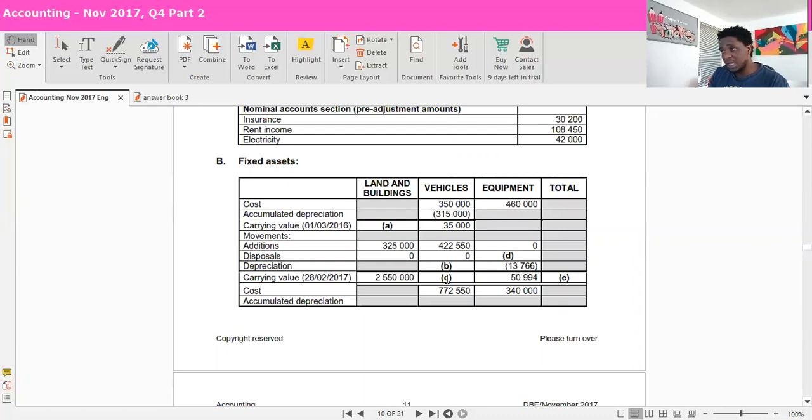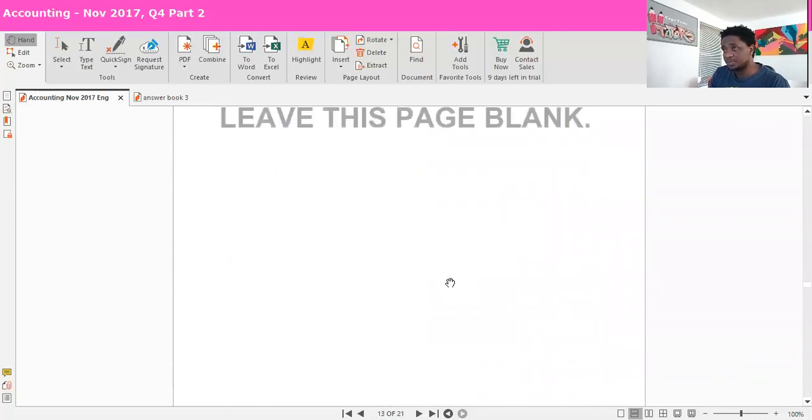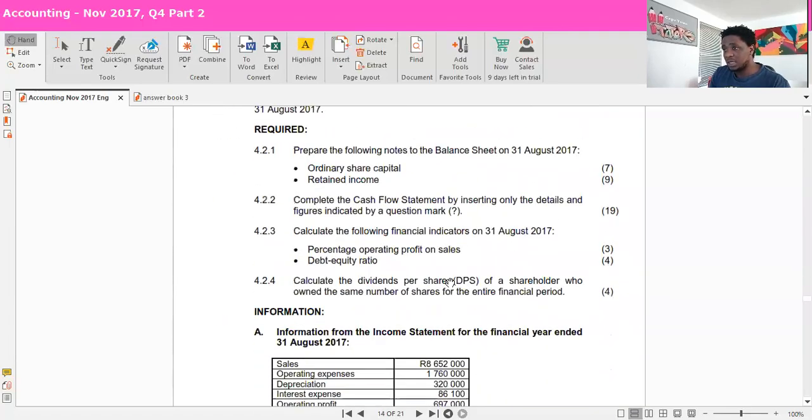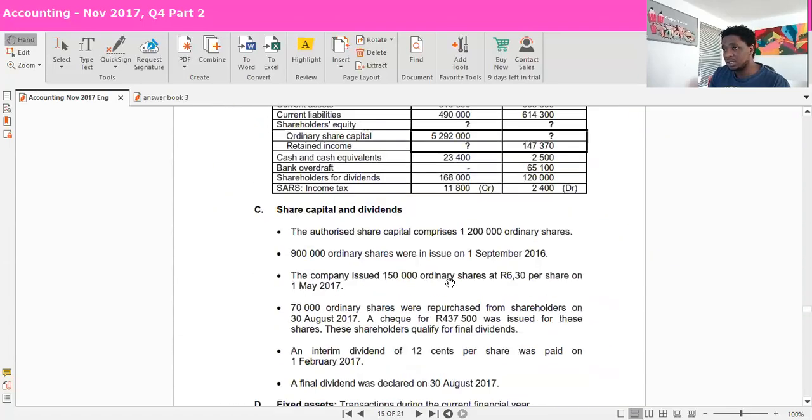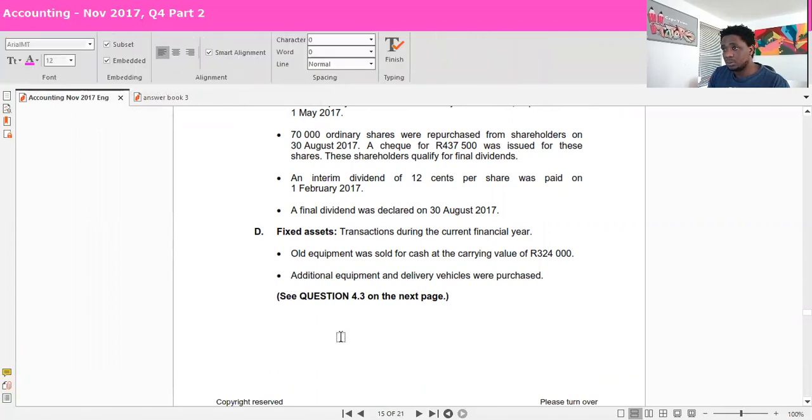So let us write it down in a formula way. I'm going to go to that page and write this as a formula just below here. So we know that the formula looks like this: CV at beginning of the year.